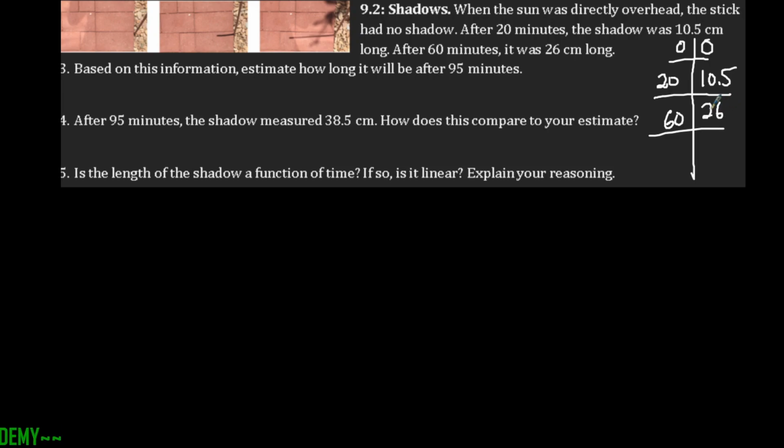So again, if you wanted to, how long would it take if I go 95 minutes? I could find my slope. My slope is going to be the change in y, which is 10.5 over 20, which is the same as multiplying by that fraction.